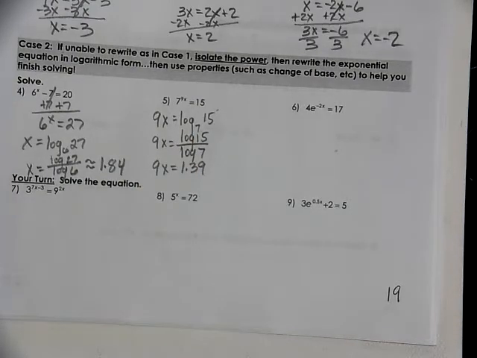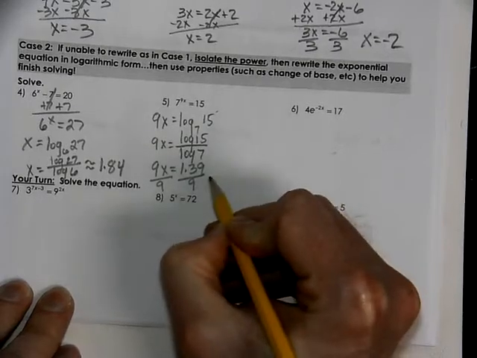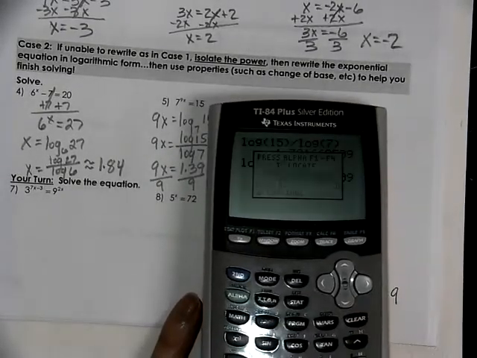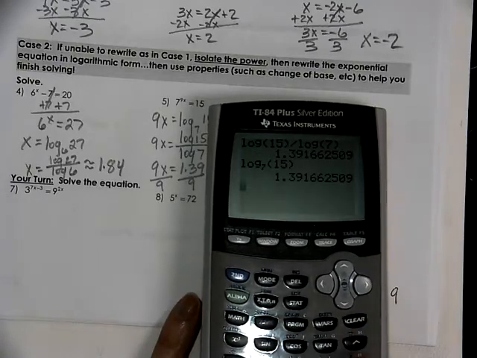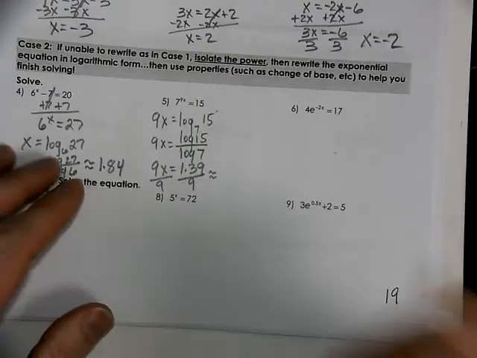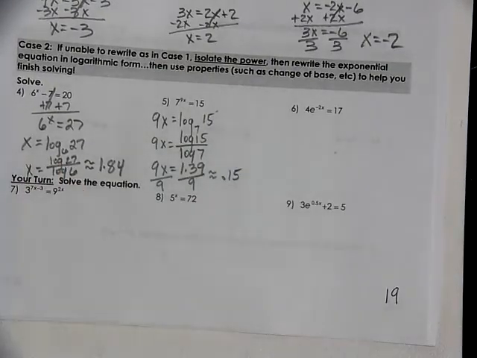Go through your work. We divide by 9. And we get 0.15. 0.15 is an approximated answer, of course.